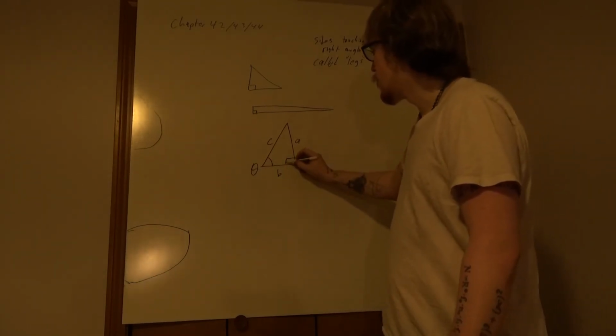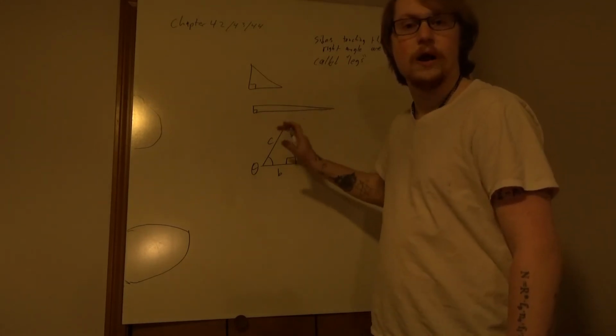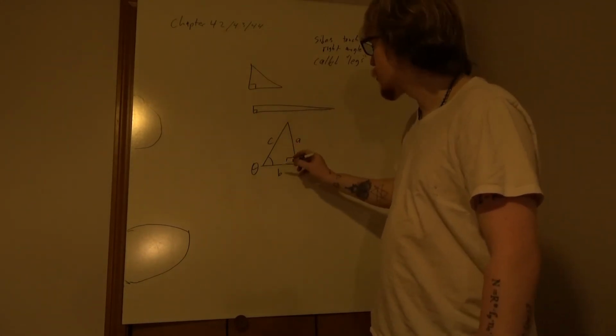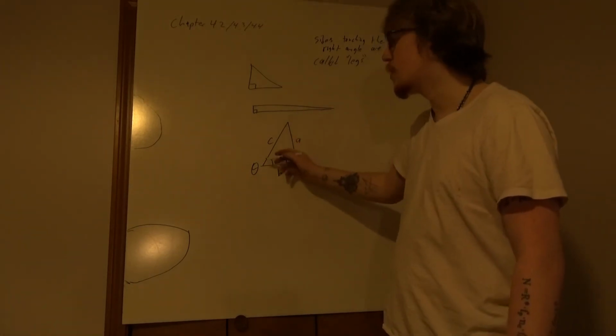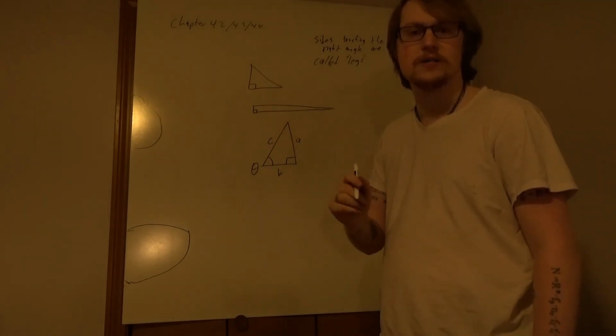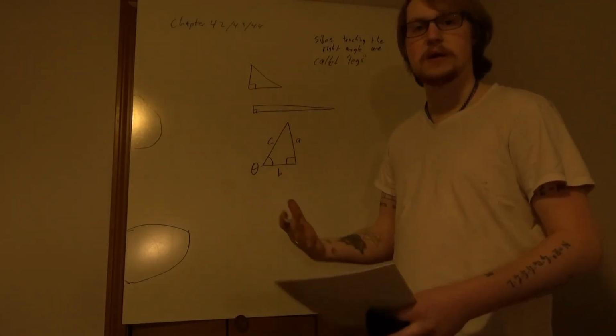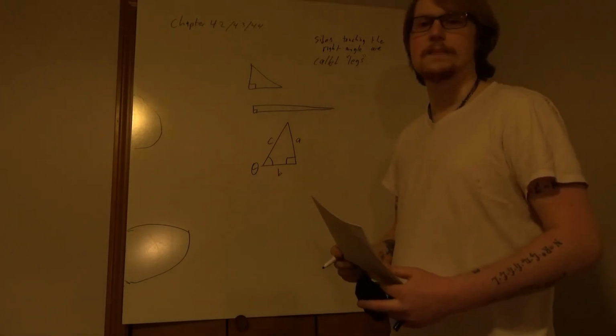And so we say that for a given triangle, like this one, where it has some side lengths, the ratio of any two of those side lengths can be expressed as some kind of manipulation of this angle. And that's not immediately obvious.